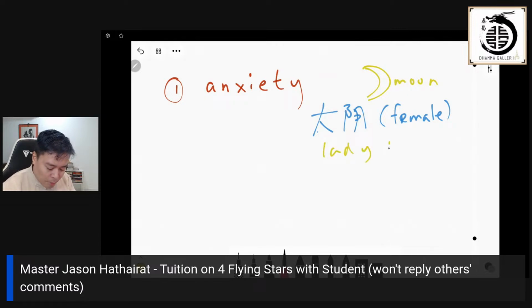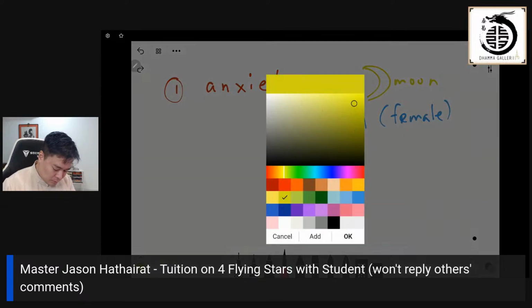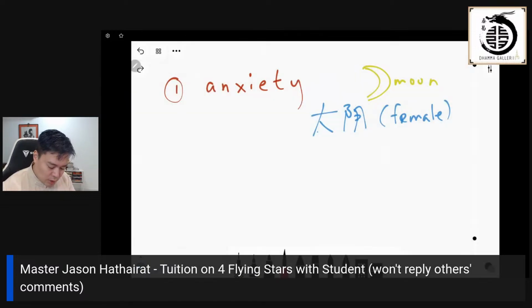It is also a lady star, a female star, which also represents your mother, your sister, your wife. And all these people are usually emotional, right? If you observe, okay? So 太阴 when paired with 天同, and paired with 化忌, because 天同 is very sensitive.